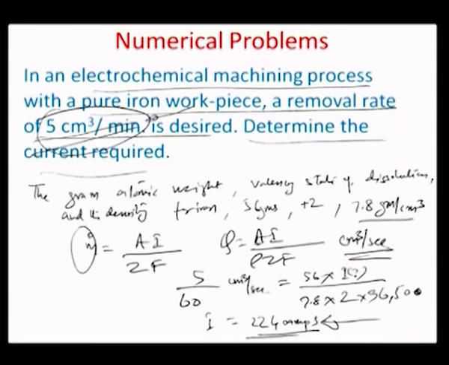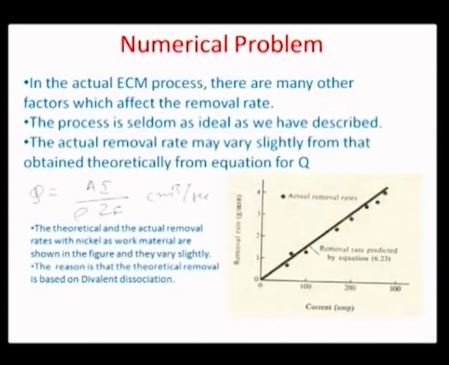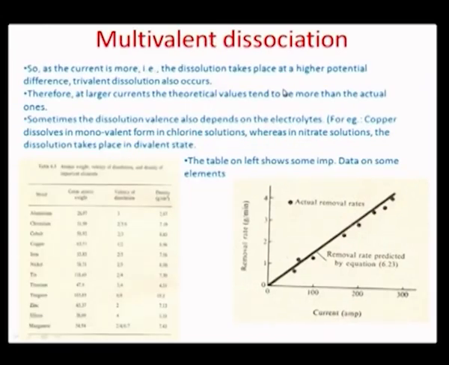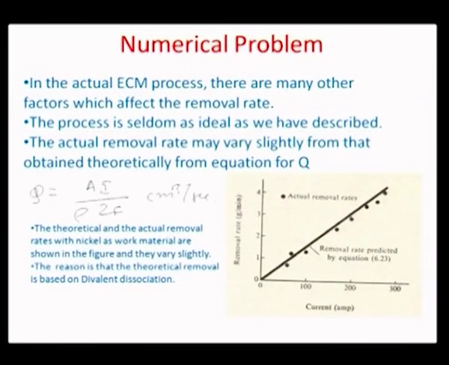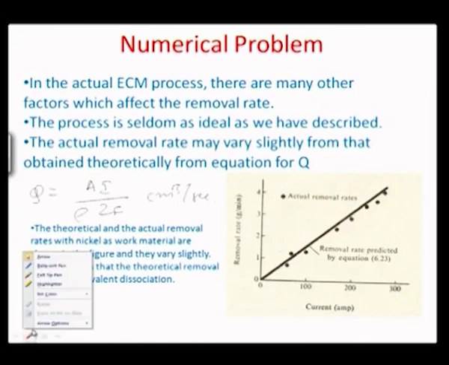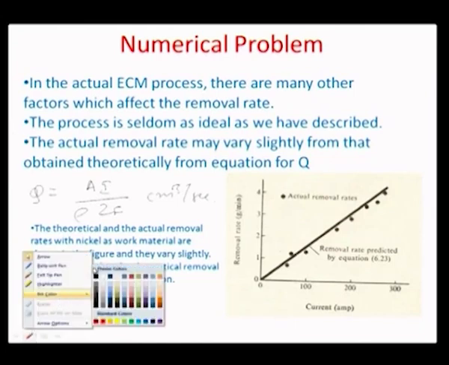And just before looking at an alloyed system, there are certain other very fundamental level things which need to be taken care of. So the first thing that I would like to tell here is that in an actual ECM process, there are many other factors also which influence the material removal rate.